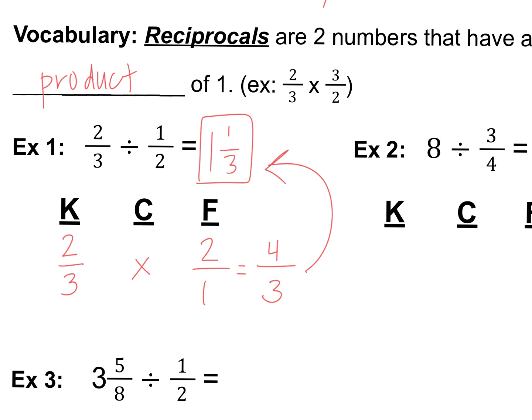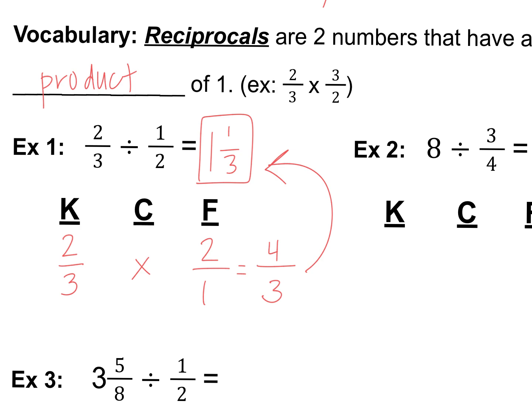My number's shrinking, right? It's getting smaller. But whenever you multiply by the reciprocal, you're flipping it around. So I had 1/2, now it's 2 wholes. So I have 2/3 times 2 wholes, so it got bigger. Okay, let's look at the next one.